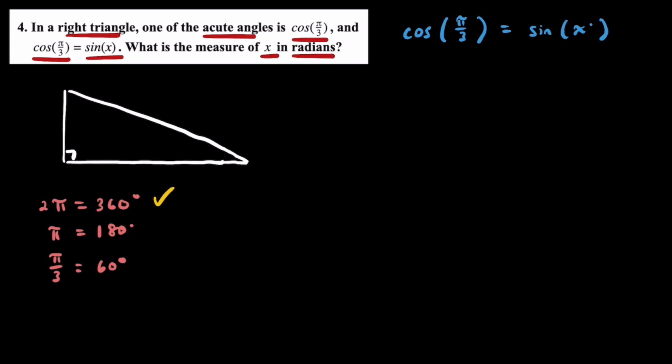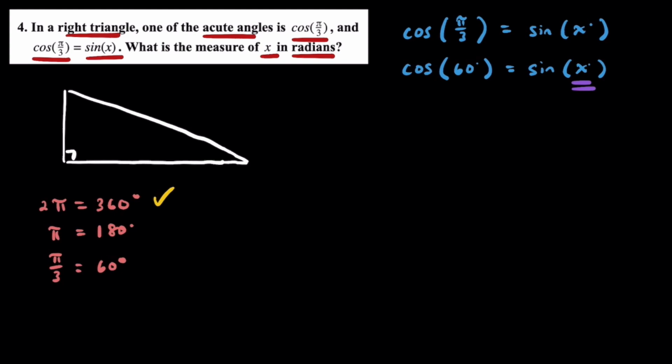So bringing that back over to the equation, maybe it's easier for us just to write this as cosine of 60 degrees, right? That's the same thing as pi over 3 in radians, and that's going to be equal to sine of what angle measure? Now actually, at this point, if you remember from a couple problems ago, we did one that dealt with complementary angles, right? So if you take cosine of one angle, it's always equivalent to sine of its complement.